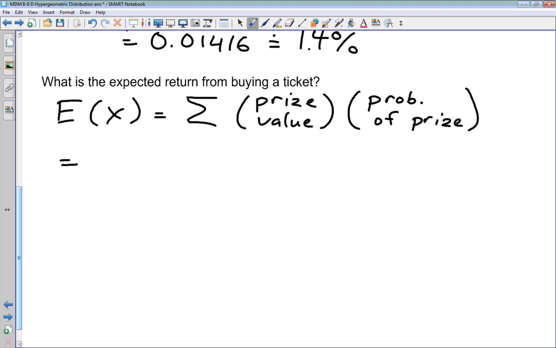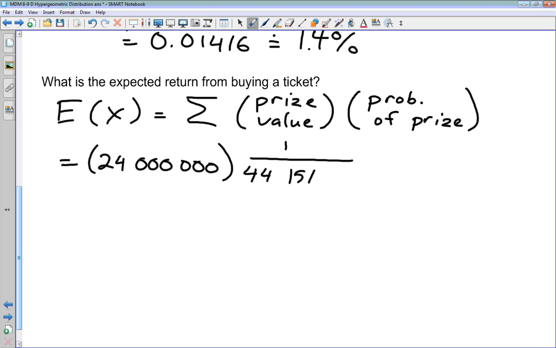But for the rest of them, we have our jackpot of $24 million times the probability of it. There's one jackpot winner, and there are 44,151,594 possible tickets. To this, we have to add our next prize of $100,000, again, times how many $100,000 prizes were there? There were 14.